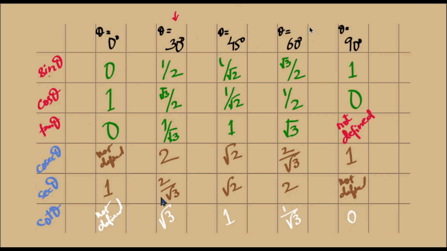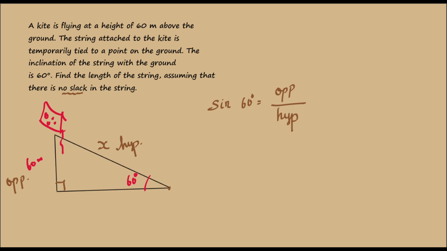Sine is here and 60 is here. It is root 3 by 2, right? We have done these in our math decoded. We have derived all these, and please go and refer to it if there is any doubts regarding that. So this is equal to root 3 by 2. Sine 60 is root 3 by 2, and it's opposite by hypotenuse.